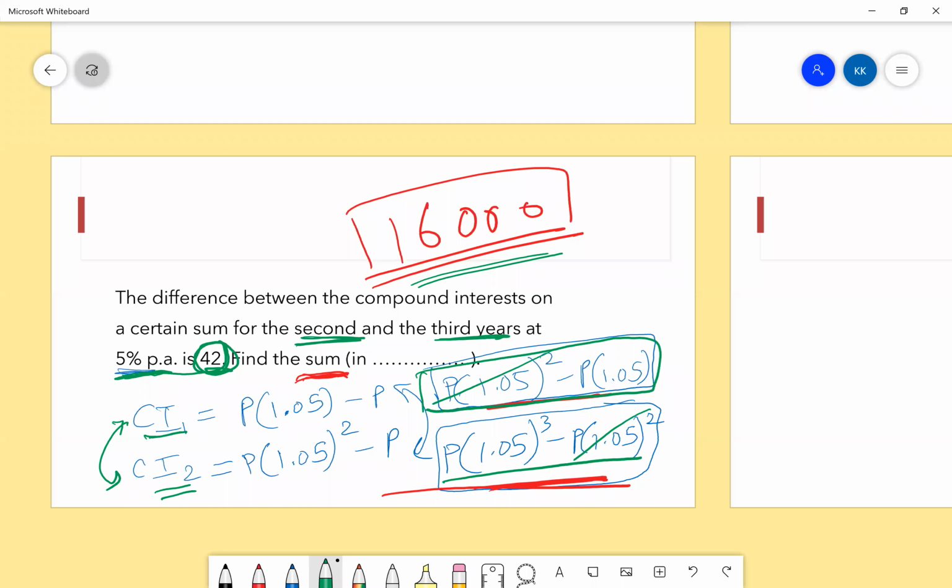Is it clear, everybody? Kesari, if we subtract, then it will become 2P into 1.05 squared, right? One second, this and this. Oh yeah, sorry, my bad. It will be 2P, sorry, I added it by mistake.